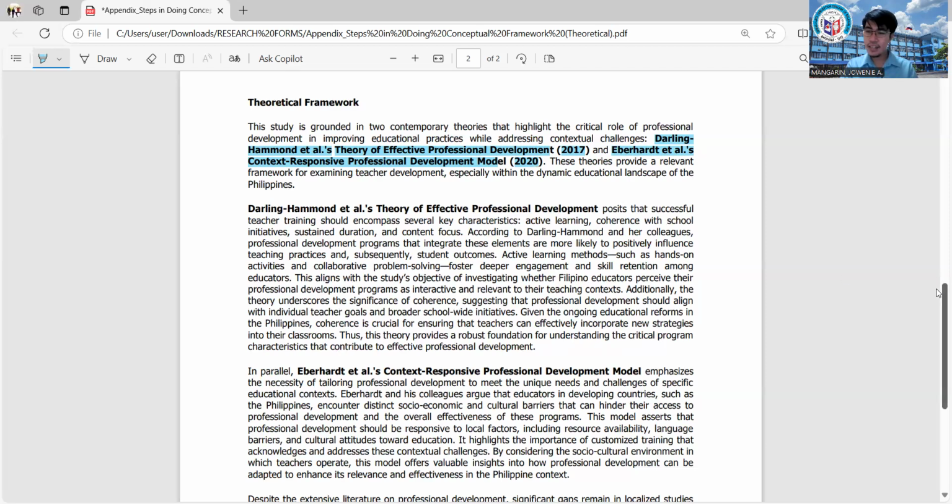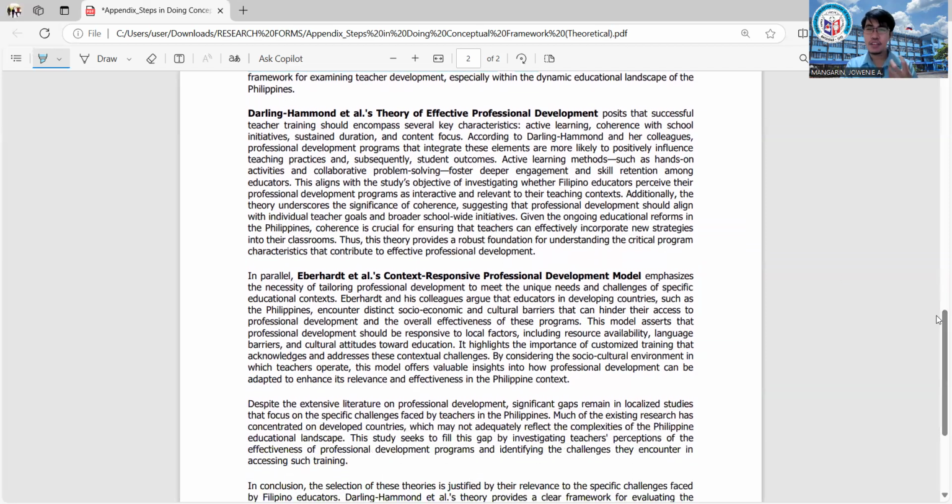Then after that is, kailangan nating ma-explain ano ba yung mayroon sa theory na yon na magagamit natin on our present study.